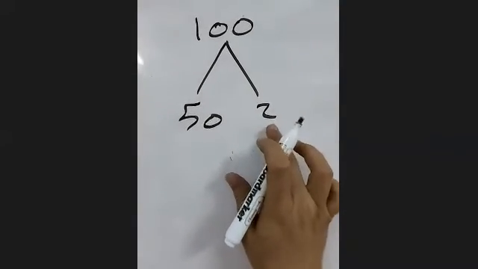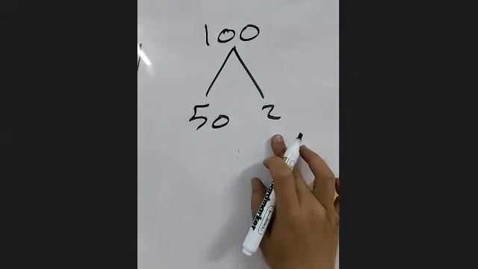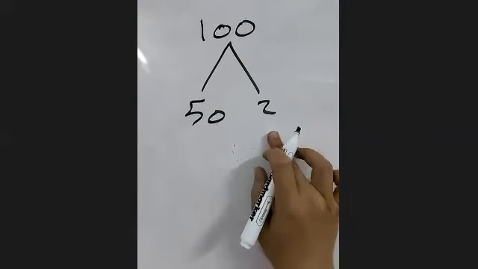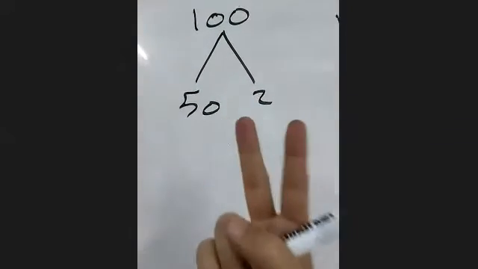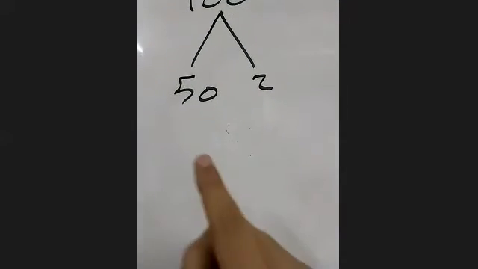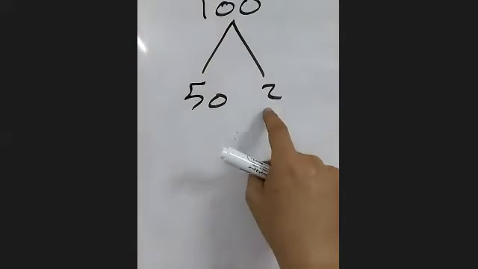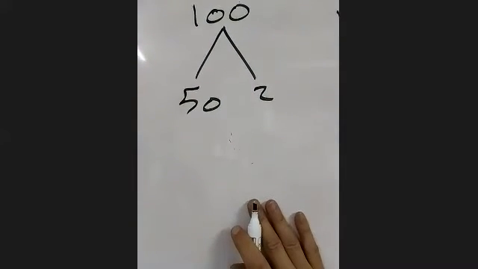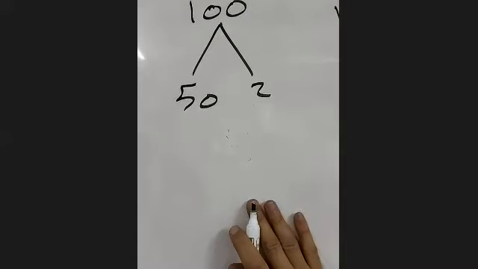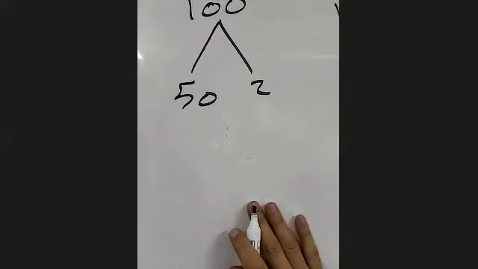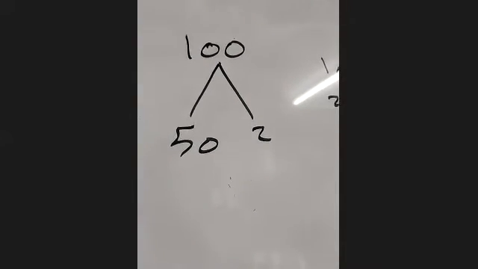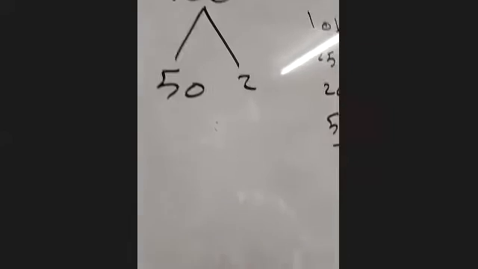Now give me two numbers. If you multiply them, you get 2.